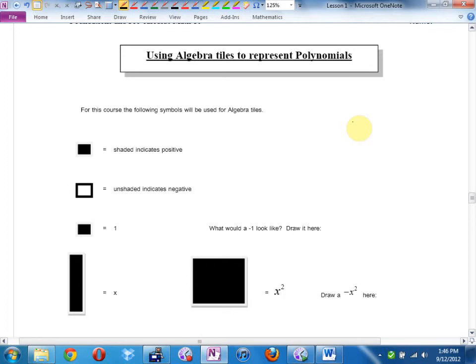I mentioned earlier that some kids really find this difficult, and there's nothing wrong with that, because this is very abstract. It's very difficult for me to say, look, there goes an x squared walking in the field. There goes a 3x down the hallway. What the heck is an x? What the heck is an x squared?